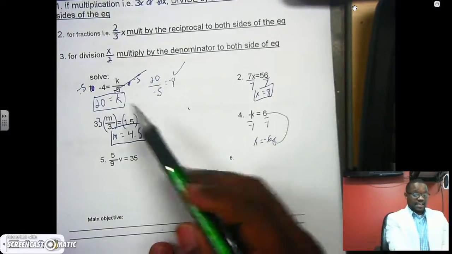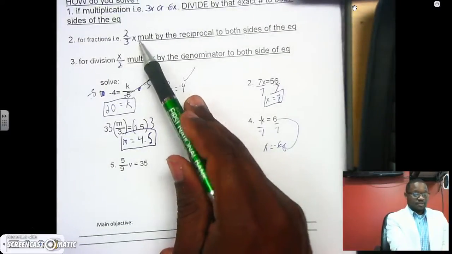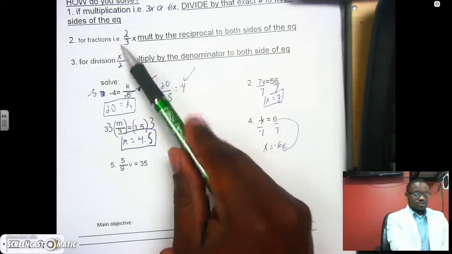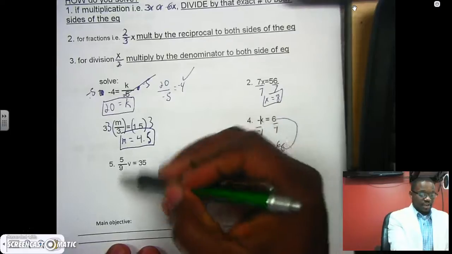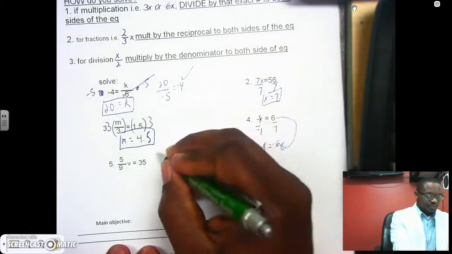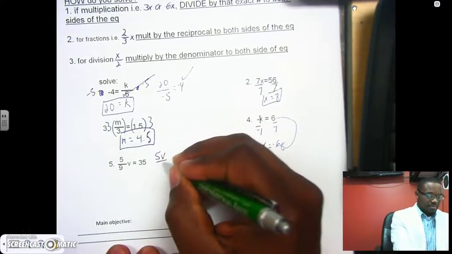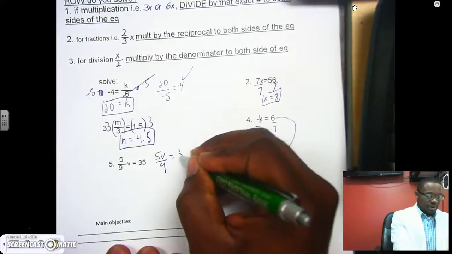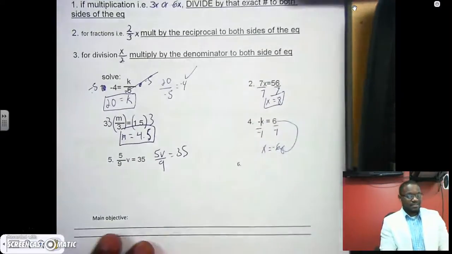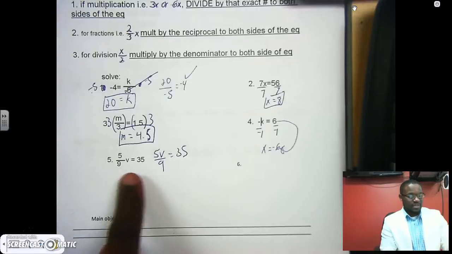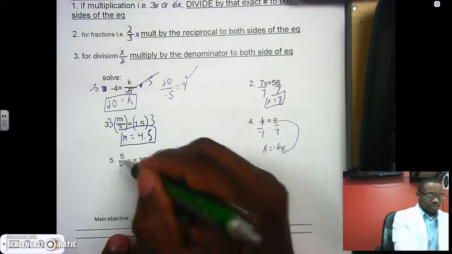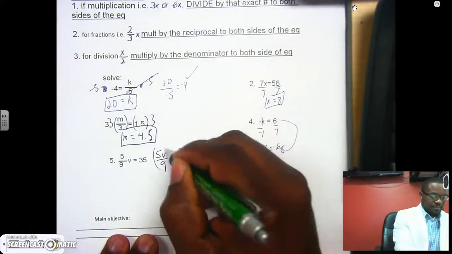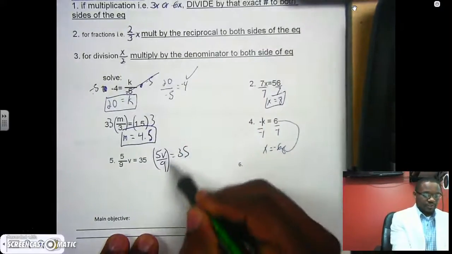Finally, we have number 5. Number 5 is just like number 2 up here. Whenever you have a fraction like this, you can multiply by the reciprocal, which means flip the numerator and the denominator. The v could be out to the side or on top, it's the same thing. You multiply by the reciprocal of the coefficients, not the v.